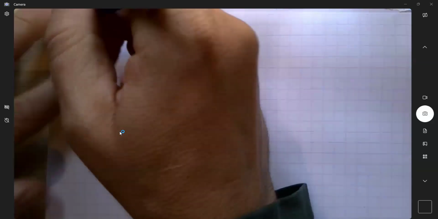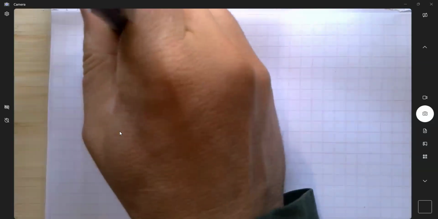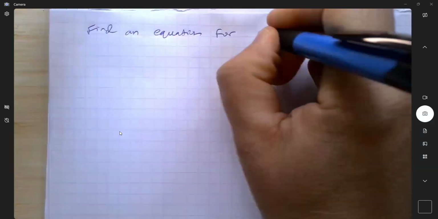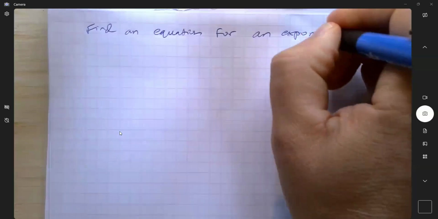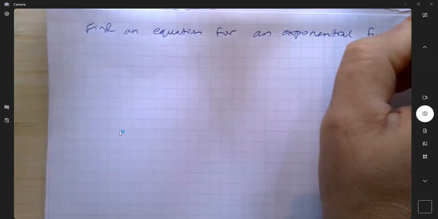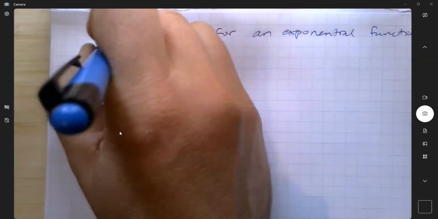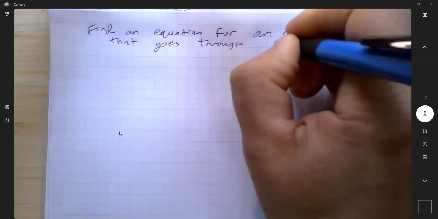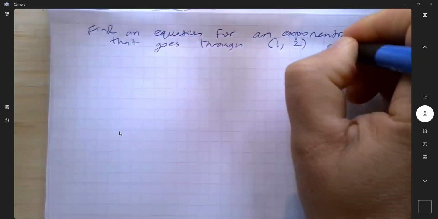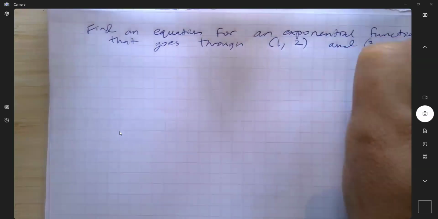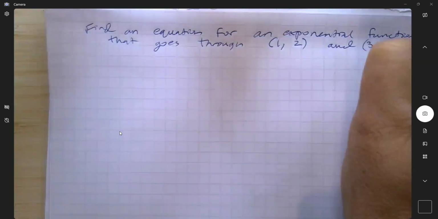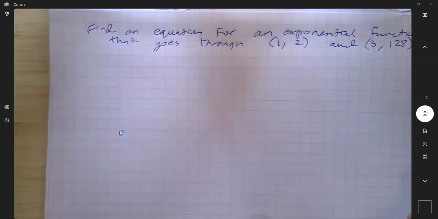So let's find an equation for an exponential function that goes through the points (1, 2) and (3, 128). Let me think, I think that's going to work.